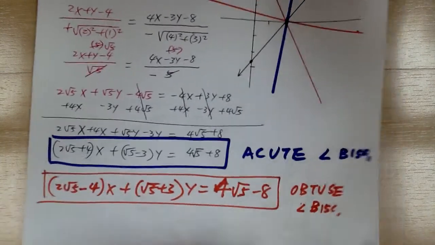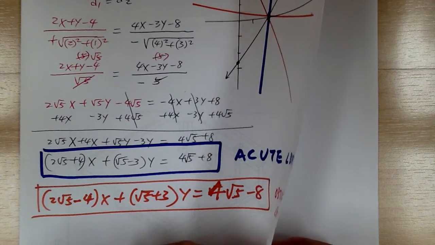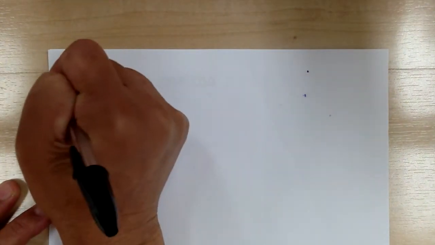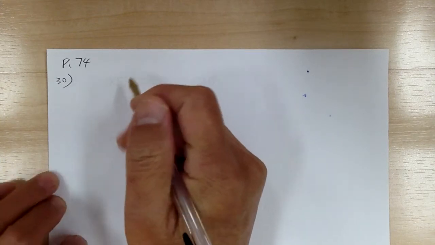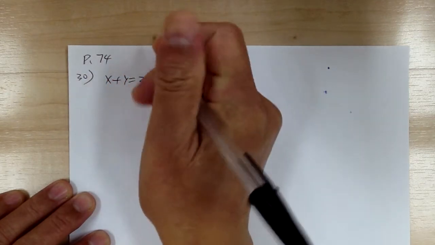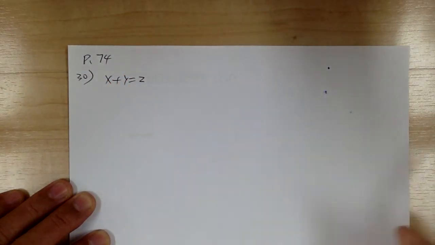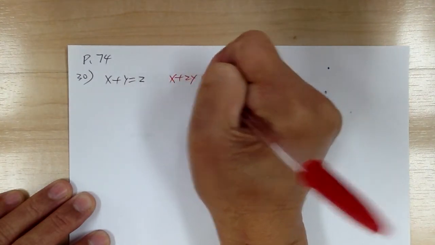Okay, let's go to number 30. Okay, number 30 is same as number 28. Okay, so you have x plus y equal to 2, and you have x plus 2y equal to 3.